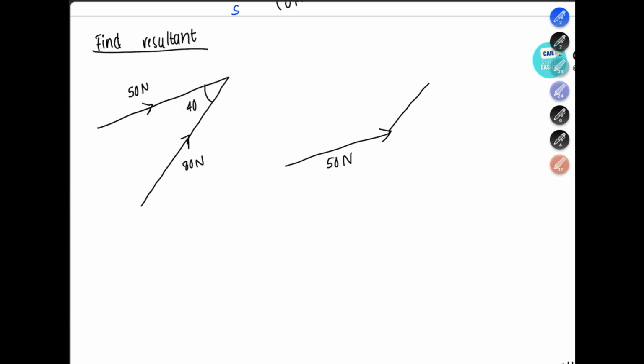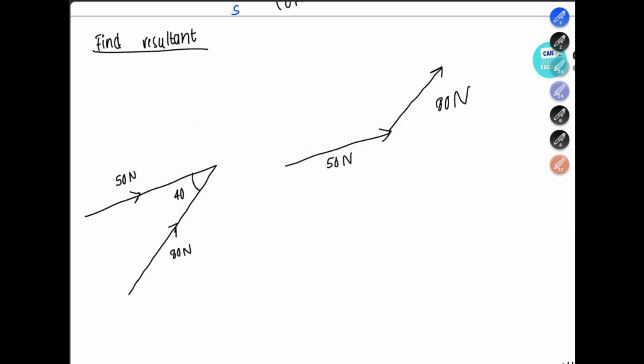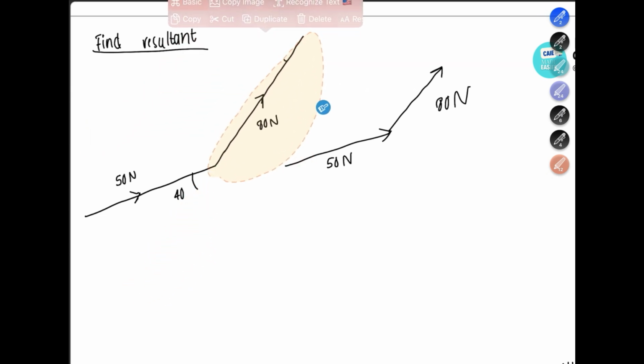So 80 Newton here. Now you might be wondering, how can you draw it when you don't know this angle, right? You don't know the angle at which you will draw it. This is not 40 now. It was 40 when it was like this. So how do you find this angle? What we have done here is that we just moved this 80 Newton up here.